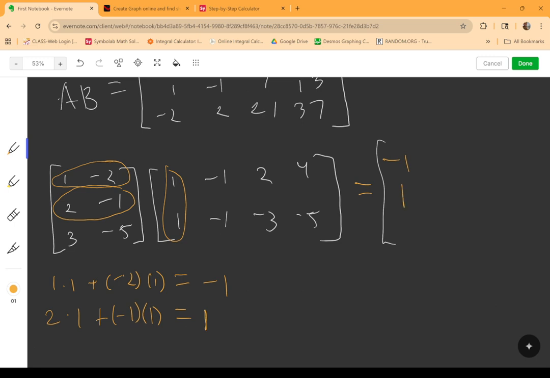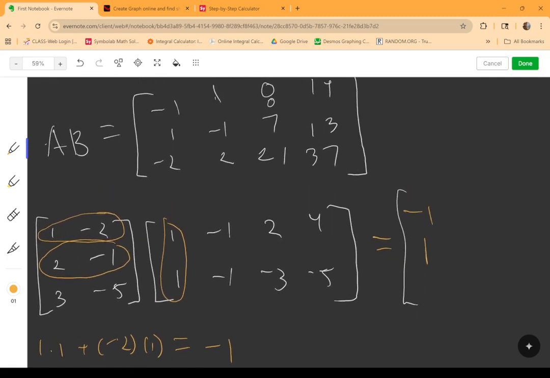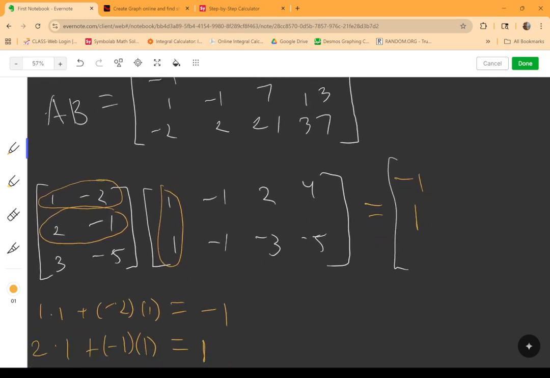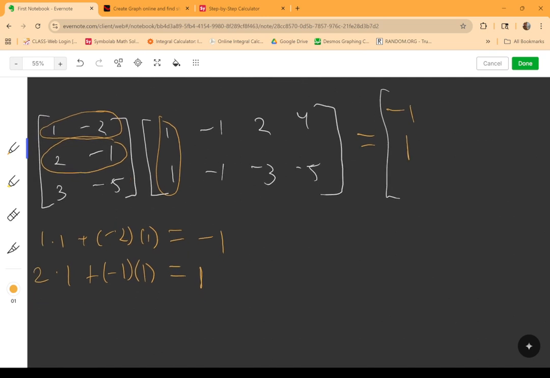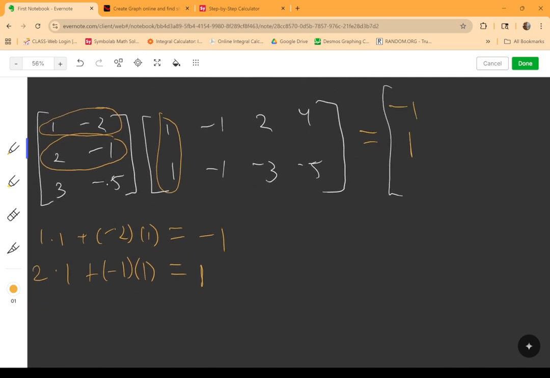And we see those are matching up. Then now we have the third row, still in that first column, so we have 3 times 1 plus negative 5 times 1, and that gives me negative 2.